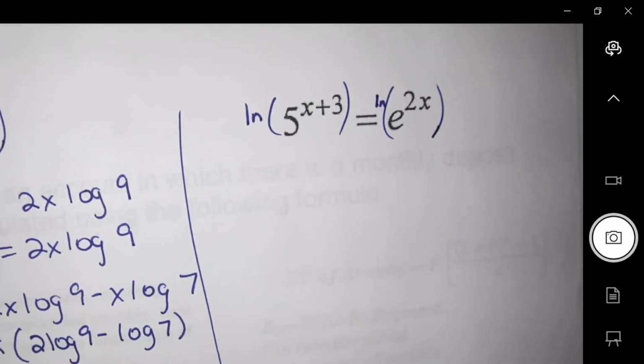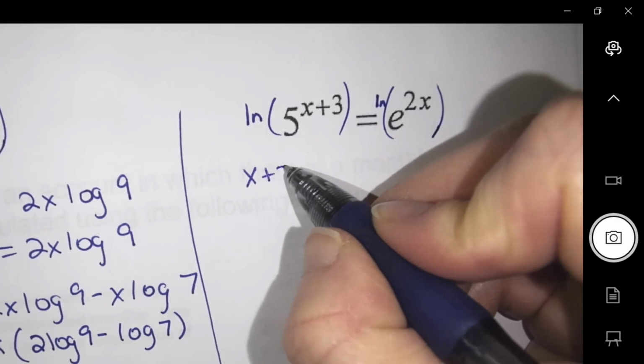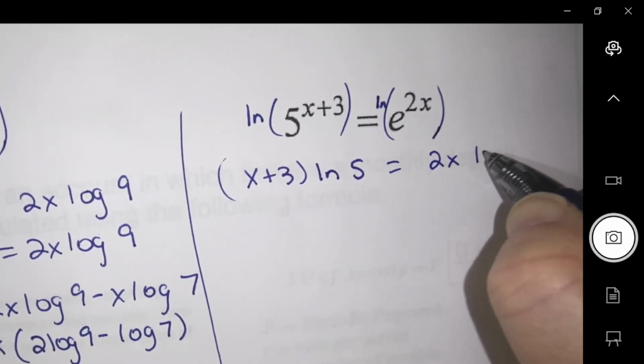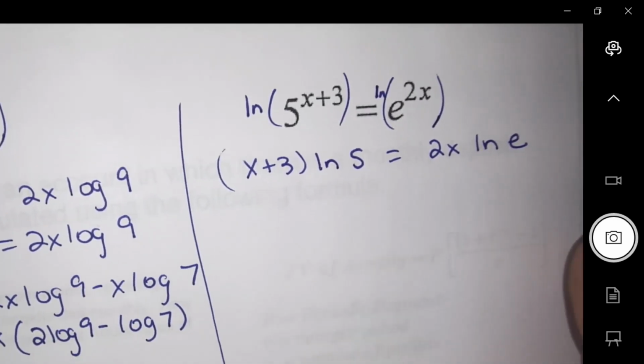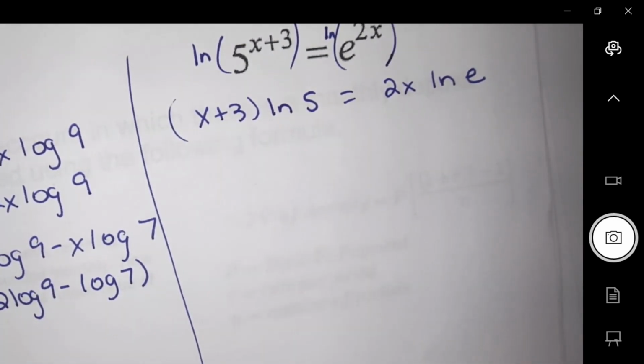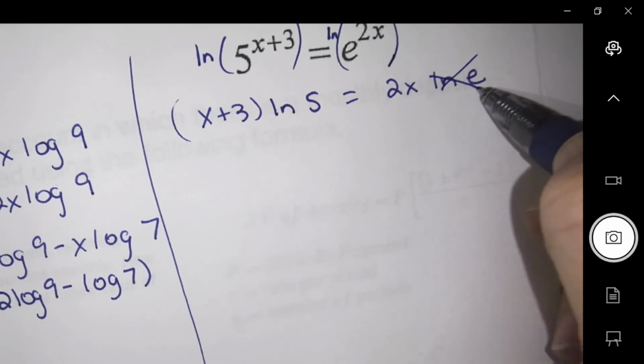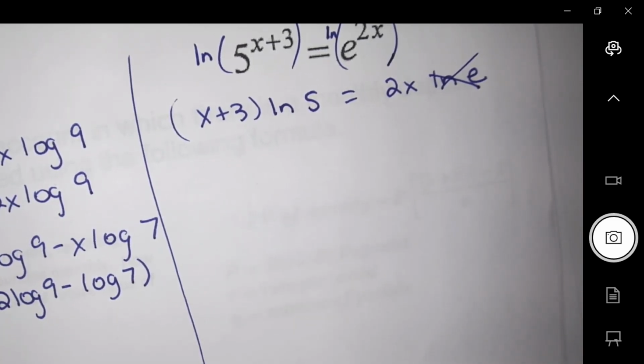And I'm doing that because I saw an E. Apply the rules. Okay, the reason I did that was because in this I get an ln of E, which is 1. Why is it 1? Because it has a base of E and a result of E.